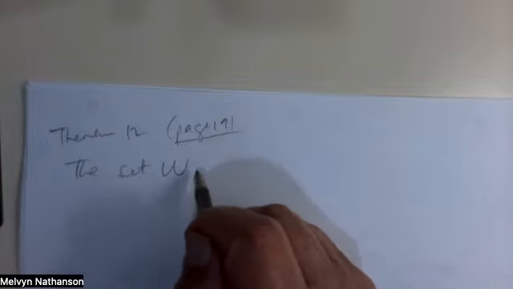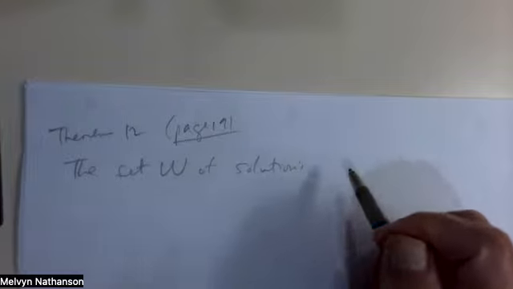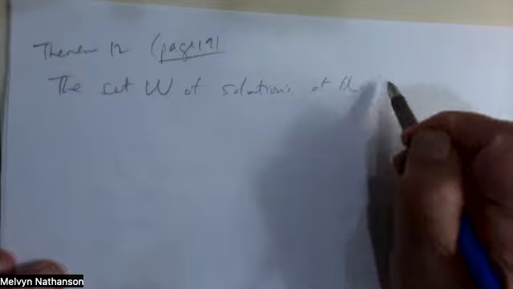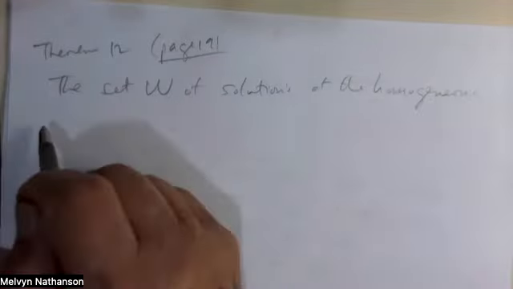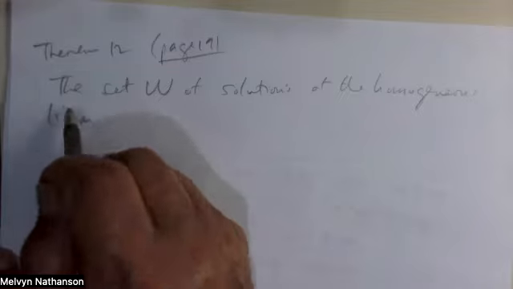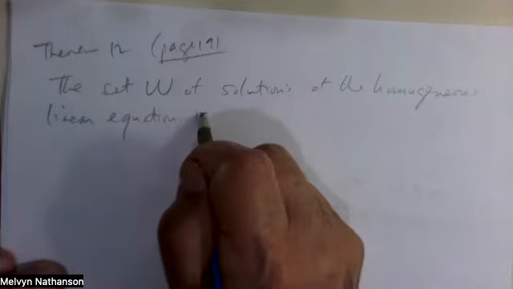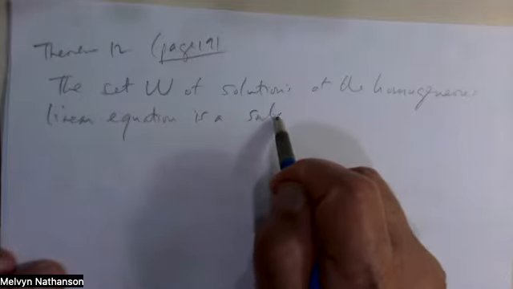The set W of solutions of the homogeneous linear equation is a subspace.